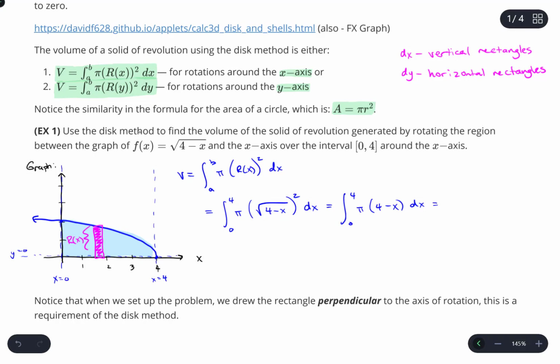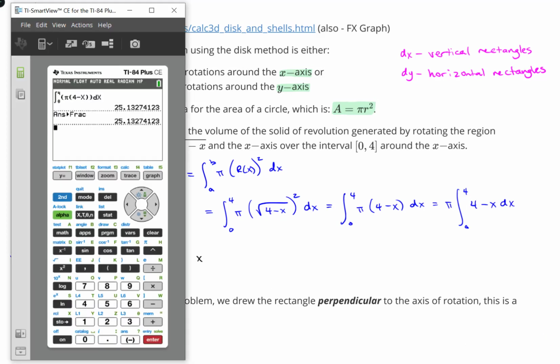This number pi can be factored out of our integral because it's simply a constant. And what I can do is I can get the value of the integral part that is rational. So go under math and 9. Pressed enter one too many times.